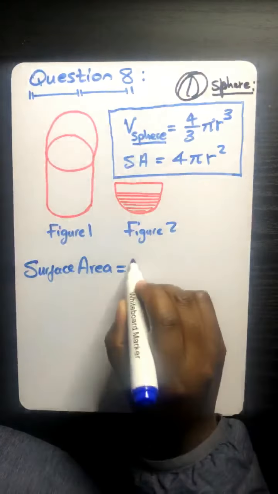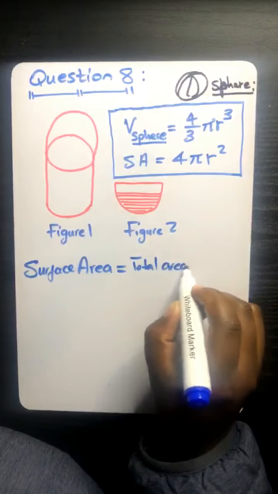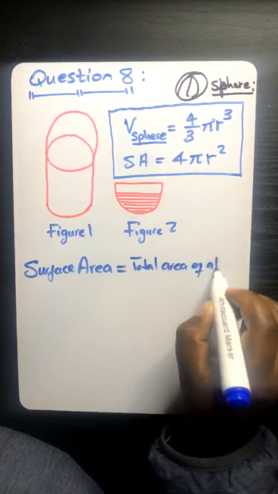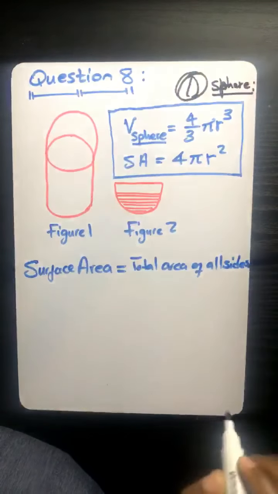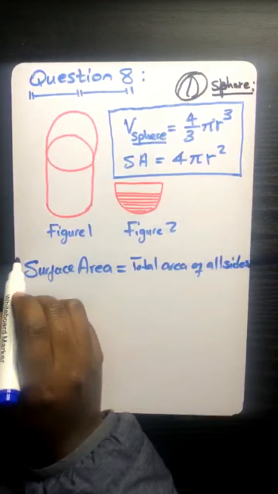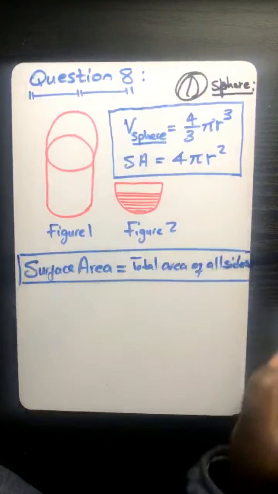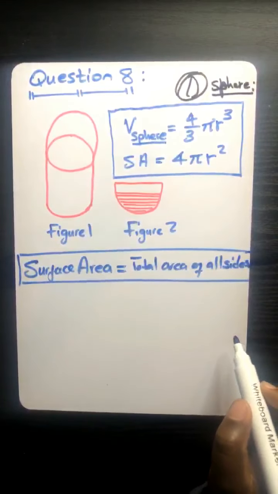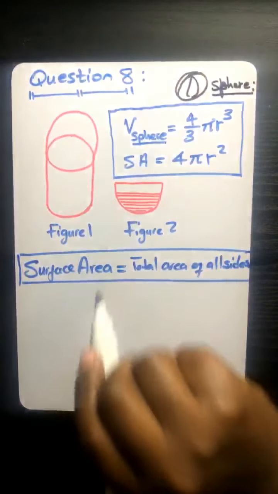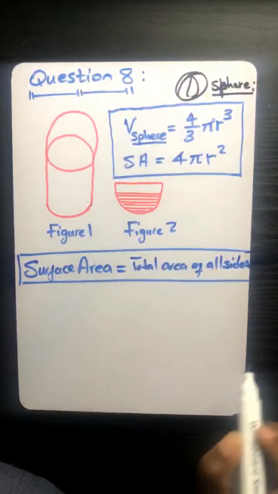So a total area of all sides. So the surface area, or the total surface area, is the area of all sides. What you need to be careful of is to know how many sides you have.